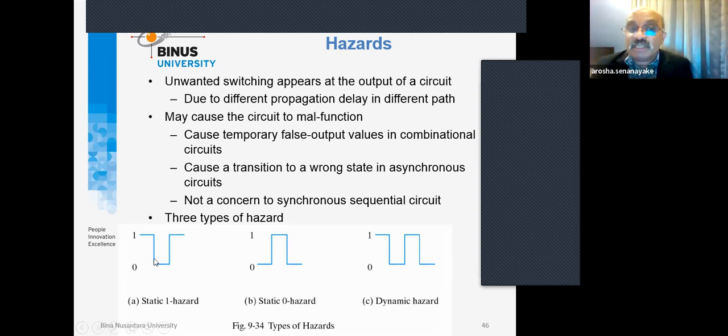For example, in this case, you can see static 1 hazard, and this one is static 0 hazard, and then this is dynamic. That means it is fluctuating entirely, from 1 to 0. So these three hazard conditions can be produced depending on the delays; about hazards you can go through.